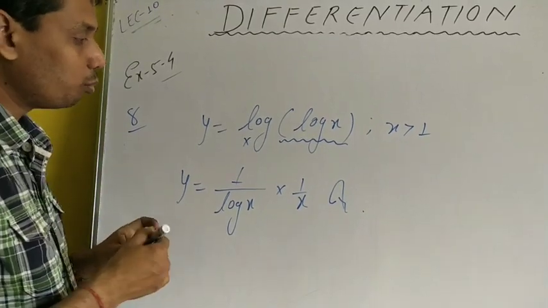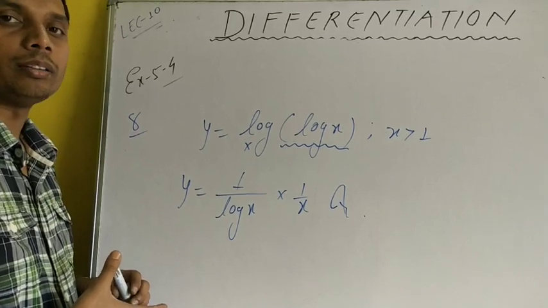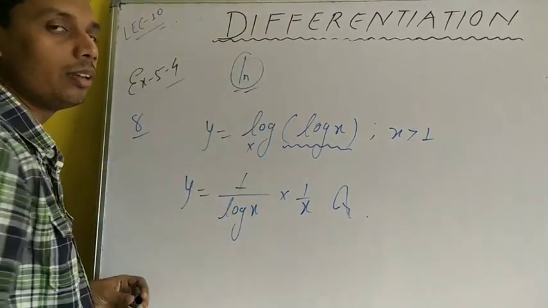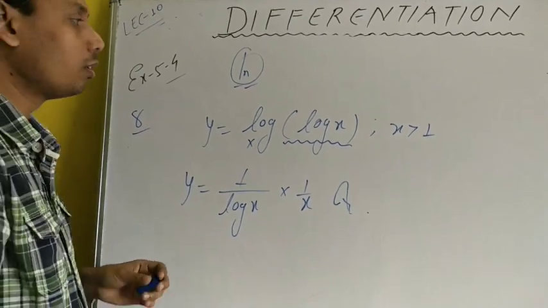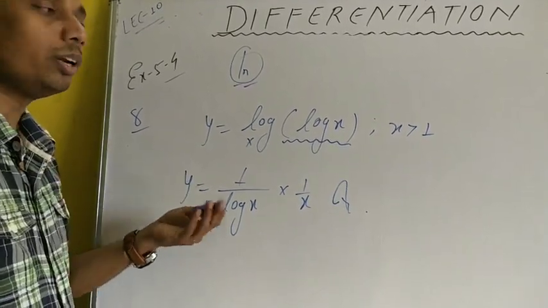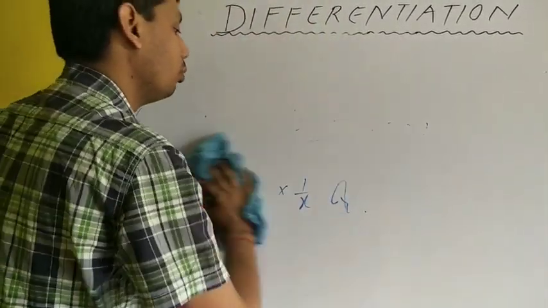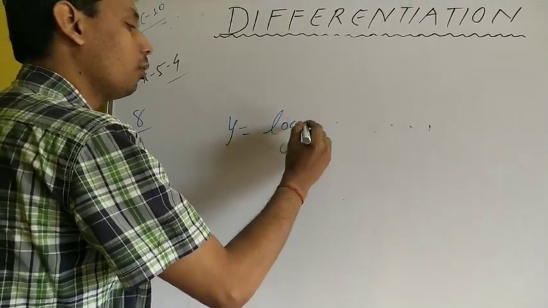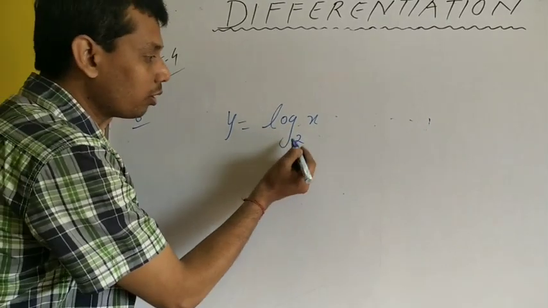Now see, if the base is not given, we consider it as the natural logarithm, that is ln. But suppose some base other than e is given, for example, differentiate log x base 2.